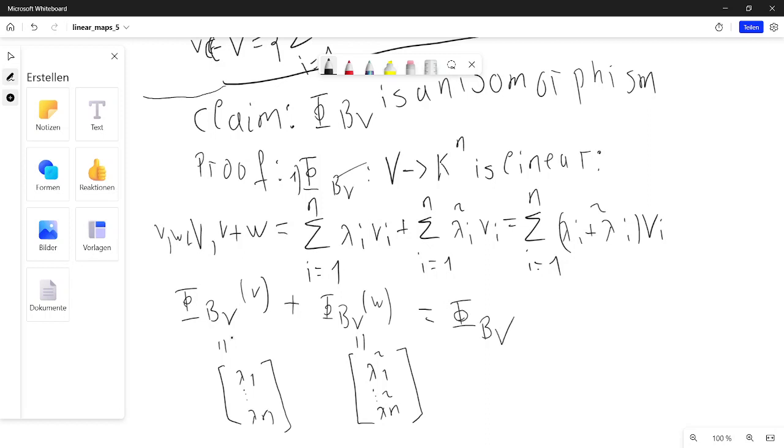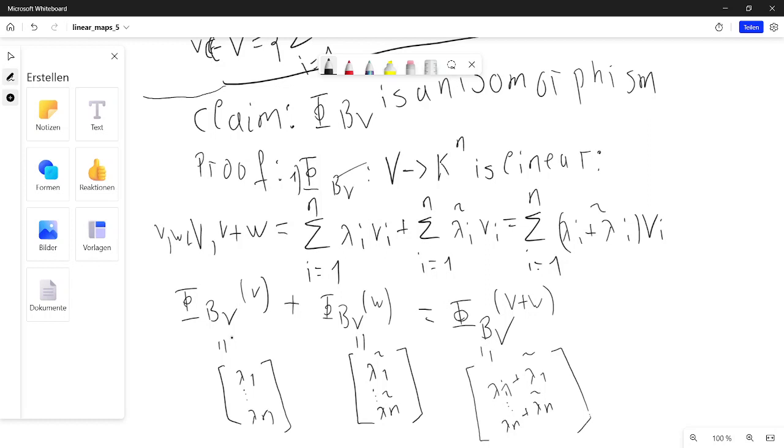So here are the coordinates: lambda 1 plus lambda 1 tilde, ..., lambda n plus lambda n tilde.